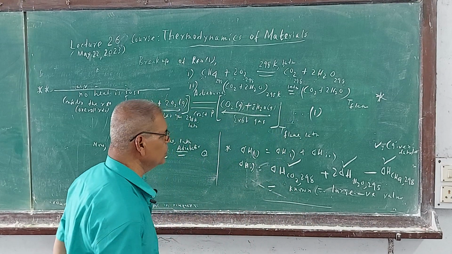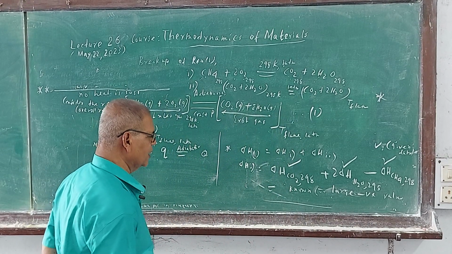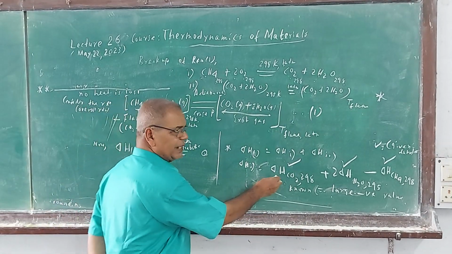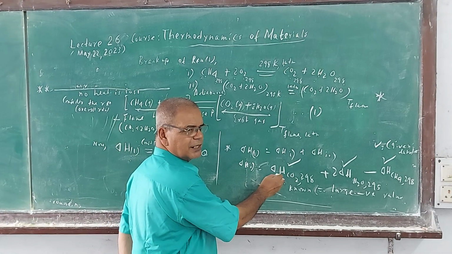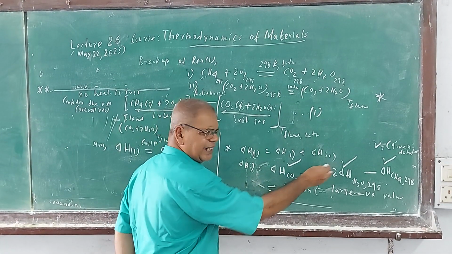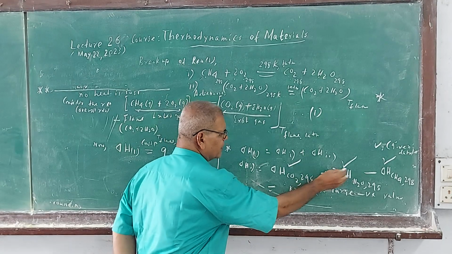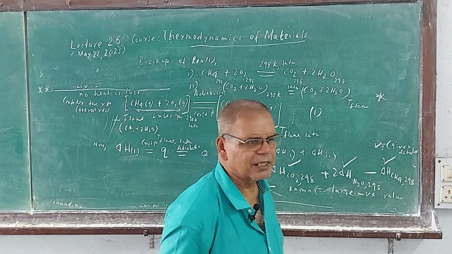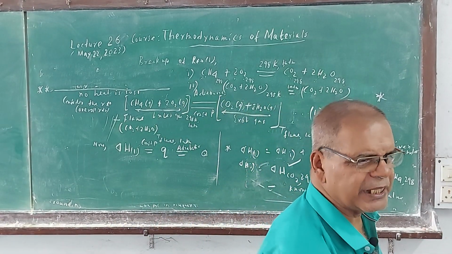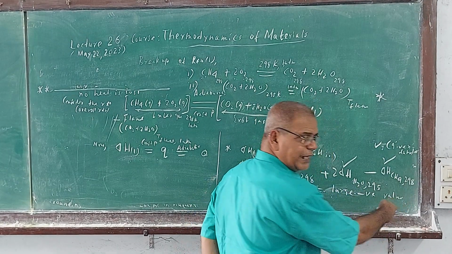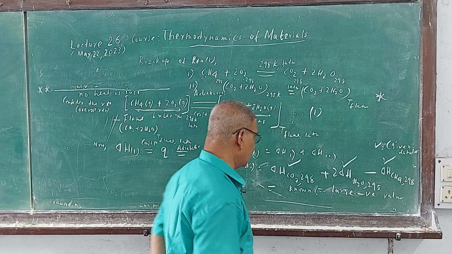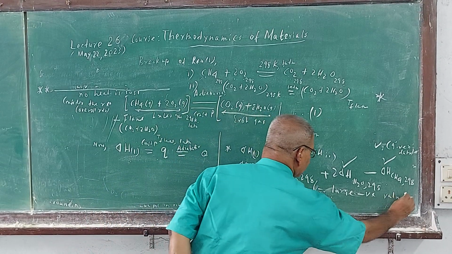Happy? Delta H2 is what? Large negative. Why negative? Is this negative or positive? All are negative. This is negative, this is negative, these are all negative. Yes, a formation. All formation by principle is negative. This negative minus this negative, still it will be large negative. And that is an additional statement, don't worry.